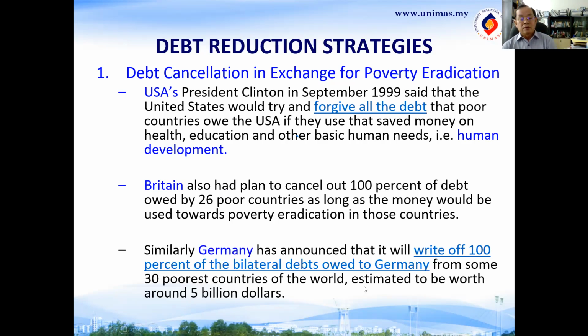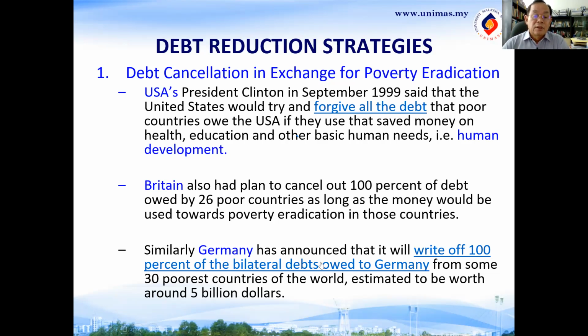Germany also followed suit. Also announced that it will write off ataupun cancel 100% of bilateral debts owed to Germany, yang mereka ini berhutang kepada negara Germany from some 30 poorest countries of the world, estimated to be worth about 5 billion US dollars.